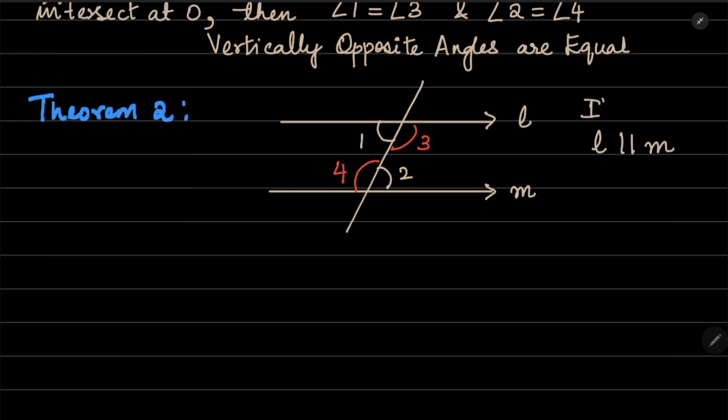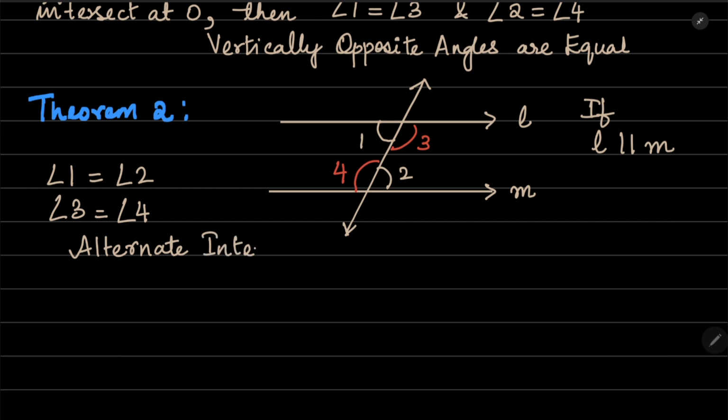If your L is parallel to M, then angle 1 is equal to angle 2 and angle 3 is equal to angle 4, because if you have two parallel lines and a transversal, means a line which is cutting the two lines at two unique points, then your alternate interior angles are equal. Alternate interior angles are always equal. So this is the second theorem, right?